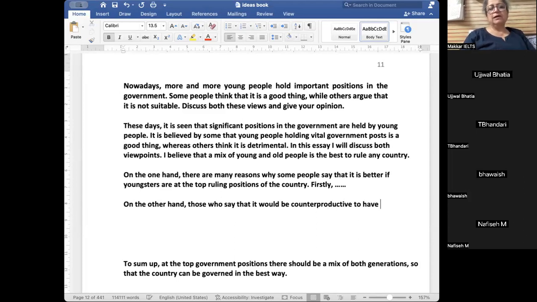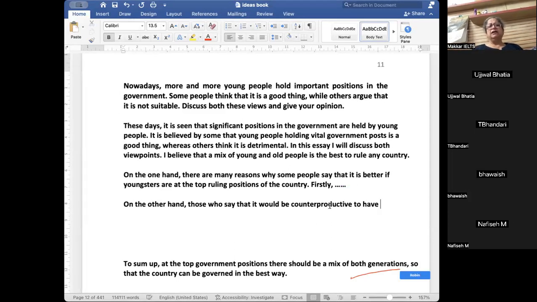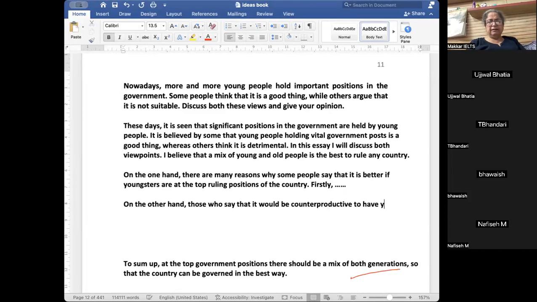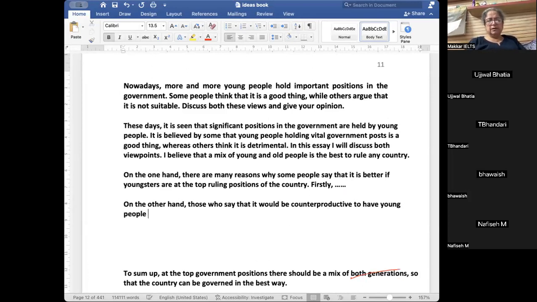Negative effect. Yes, it would have negative effect to have young people. So I've used the word detrimental. So counterproductive, you can use this word, okay? Counterproductive to have young people ruling the country, give their reasons as follows.